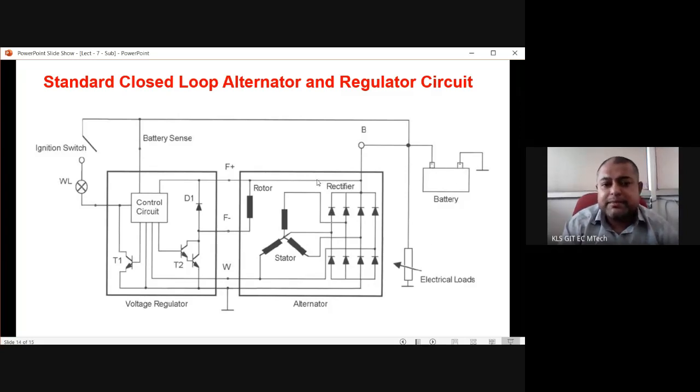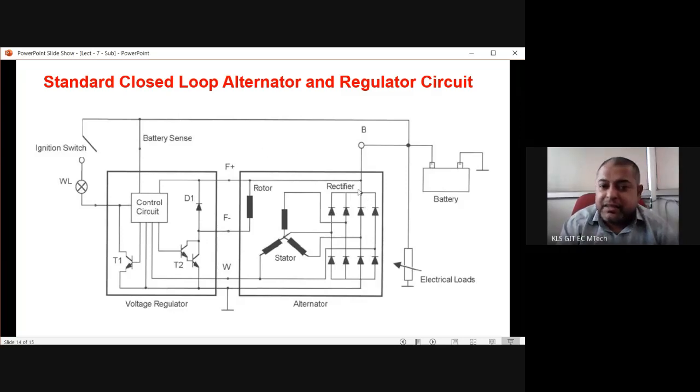One very important thing is the half wave rectifiers are not shown, which were giving supply to the field coil. So here there is a change. Here the field coil supply is also taken from this full wave bridge rectifier. In the previous diagram, the RYB were rectified with a half wave rectifier, and that supply was going to the field.